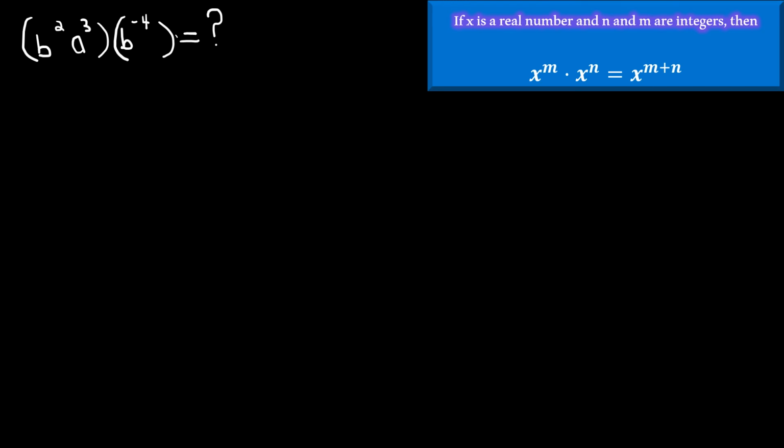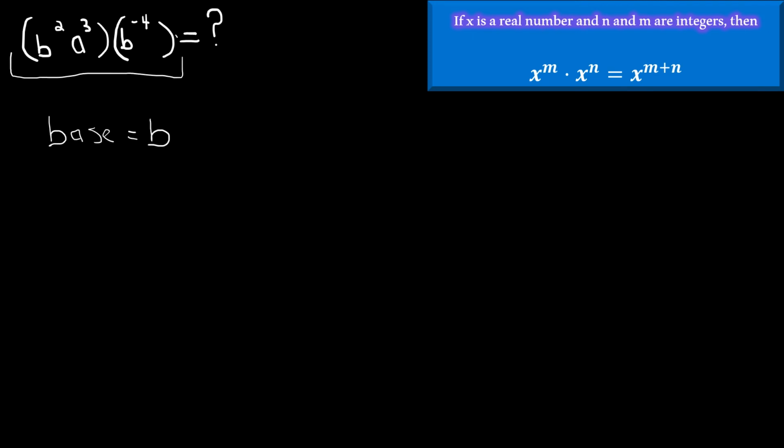Same thing, but only this time we have a cubed. Why are you looking at the a cubed? You don't have to look at it, to be honest, because it does not match a base. But we do know that this is a product: b squared times a cubed times b to the negative 4. We do have a similar base on the inside, and that represents the b's. The base will equal b.